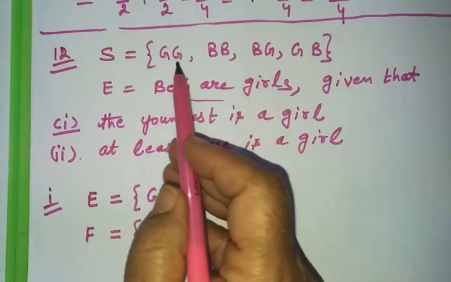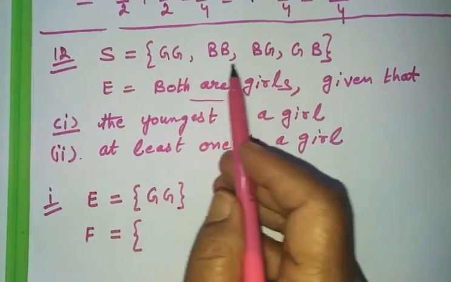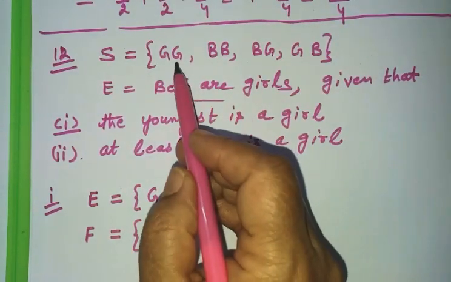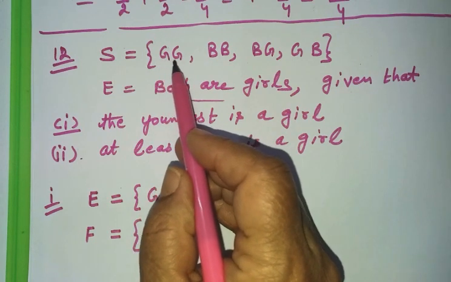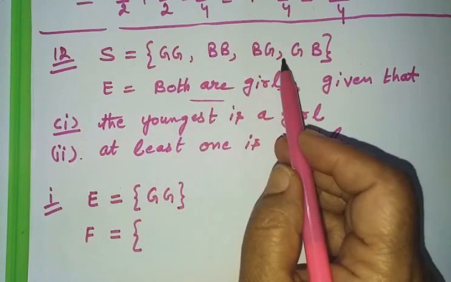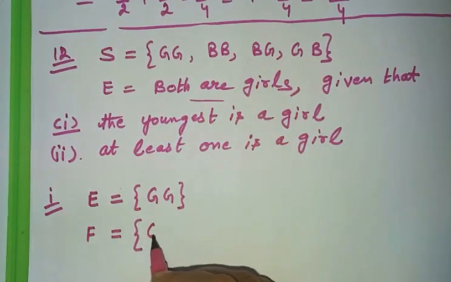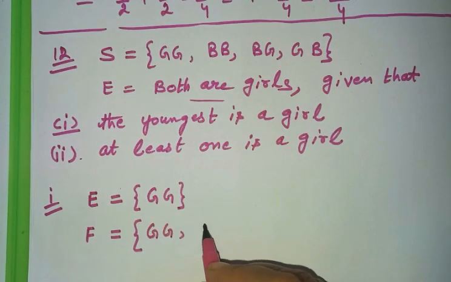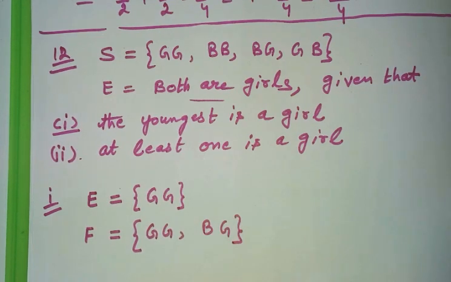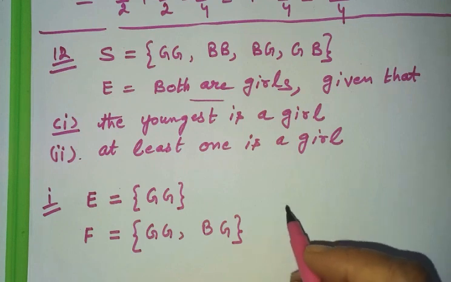So whichever case will contain the youngest to be the girl. Here this is the elder one, this is the younger one in every case. So here the younger one is a girl and here also the younger one is a girl. So it will have two cases, GG, BG.